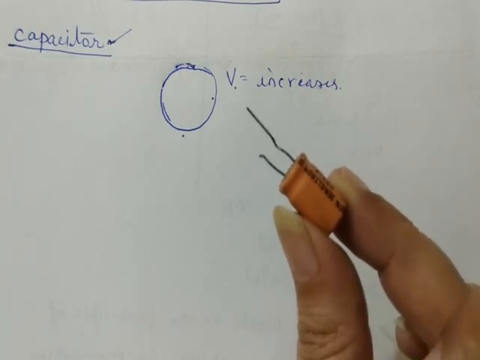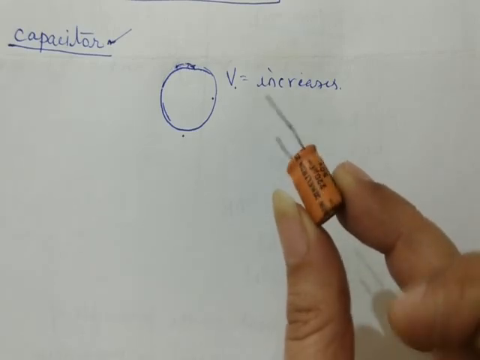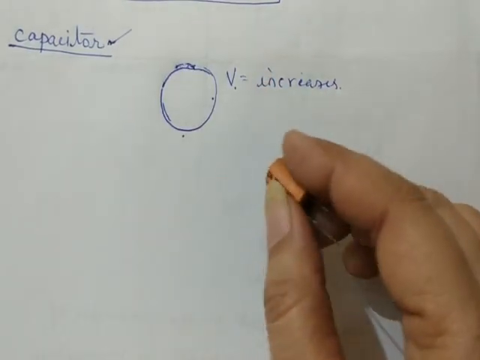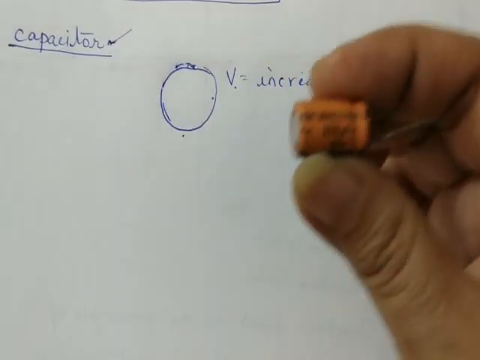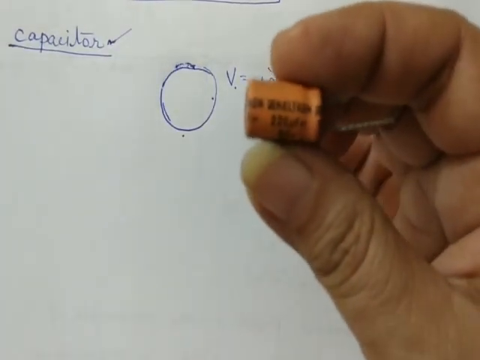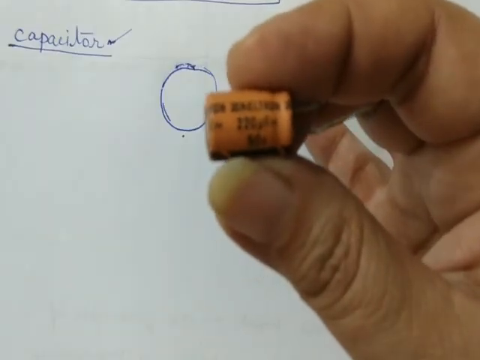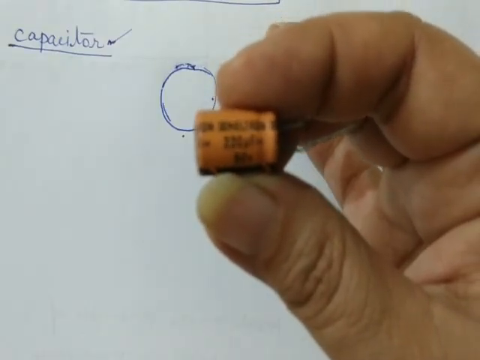This device is called a capacitor. I can see that the capacitance of this capacitor is 220 microfarad.